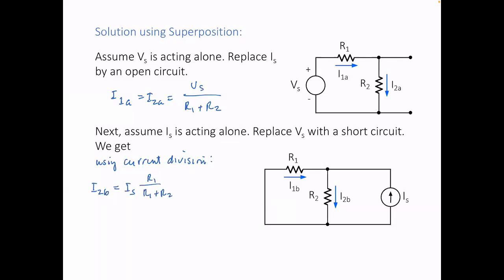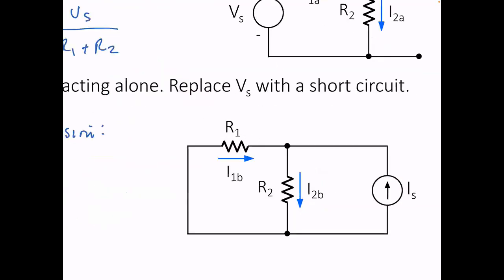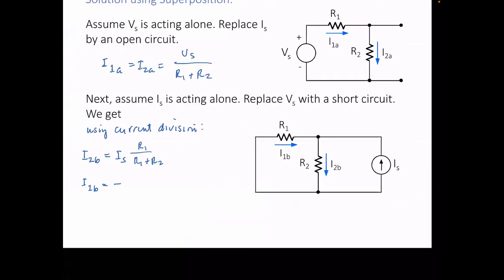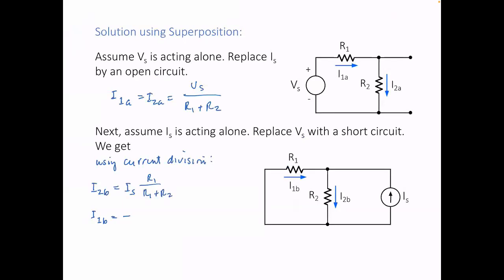And I1B is negative. Okay, bakit negative? Because of the direction of the current I1B, no? It's opposite the direction of I of S, no? Dapat yung I of S will divide here and here. So negative I of S R2 over R1 plus R2.